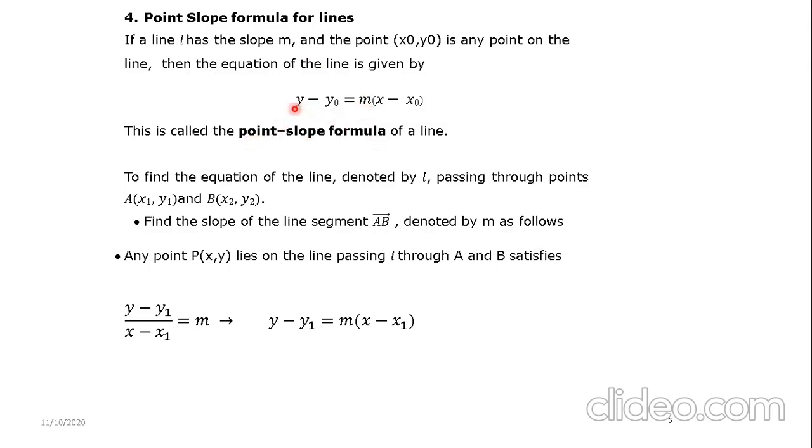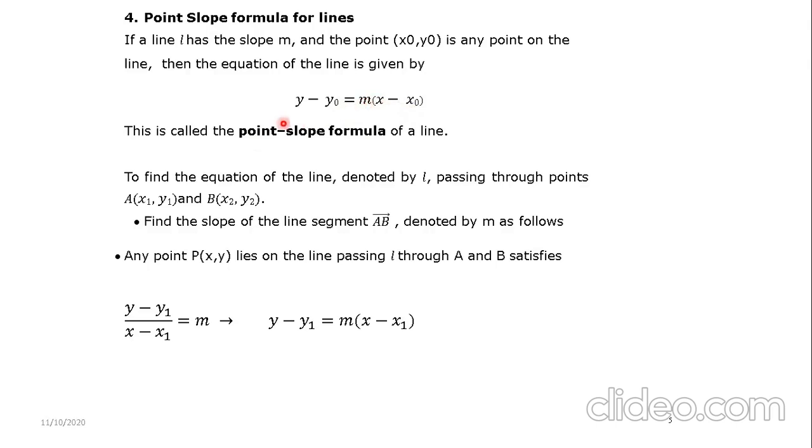y is the general point and x is the x-coordinate of the general point on the line. y naught and x naught are the coordinates of a specific point on the line, which is given to you, and m is the slope of the line.